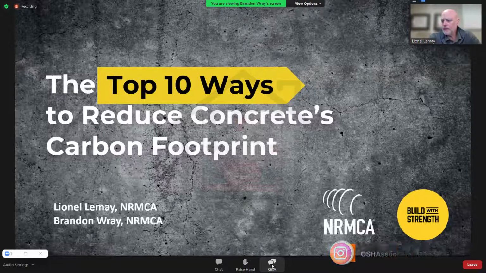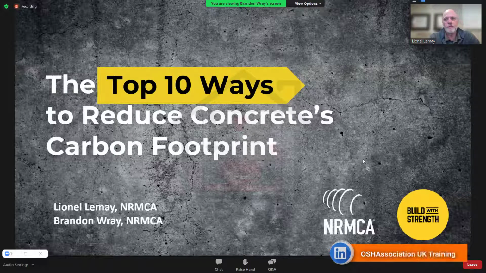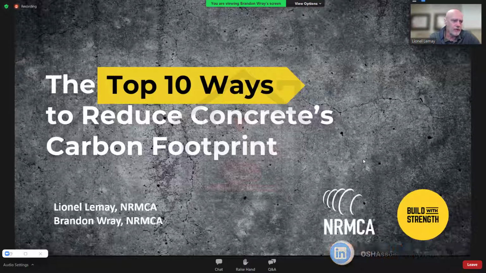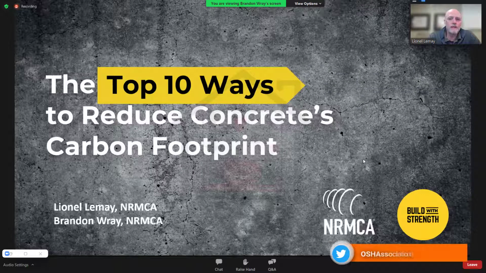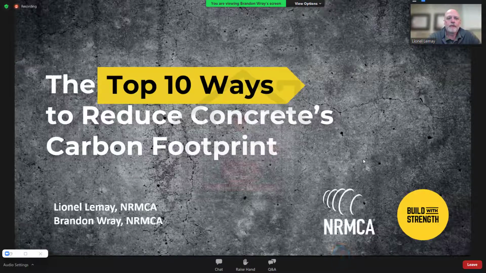Just make sure that your spec permits ASTM C595 and C1157 cements. And you might have a note in there, and this is kind of unusual for a specification, that you prefer the 595 cements. And if you begin to address targets or budgets for a building, it will encourage the use of those cements that do have a lower footprint.